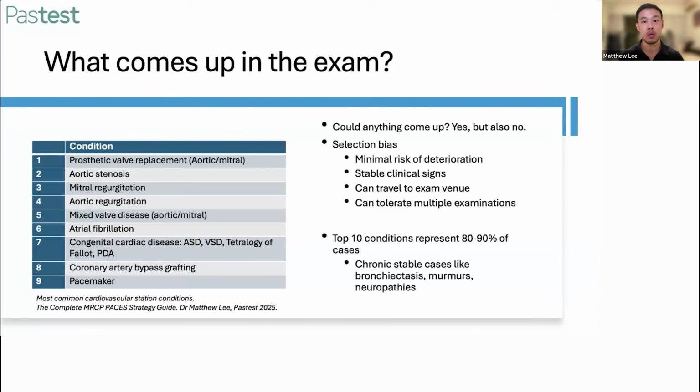They're going to be talking about the basics. And so whilst anything under the sun that is a cardiovascular condition or a neurological condition could come up with clinical signs that are hopefully identifiable, most of the time, and I say 90% of the time, they are classic PACES conditions.